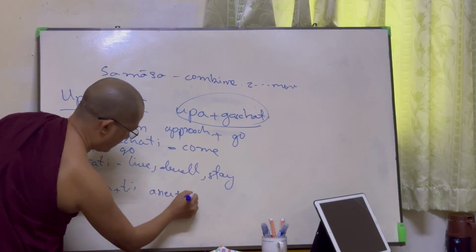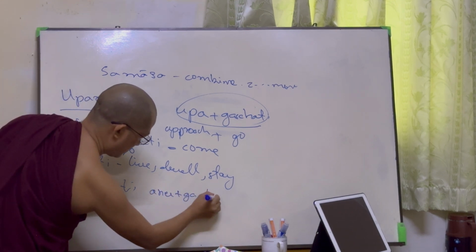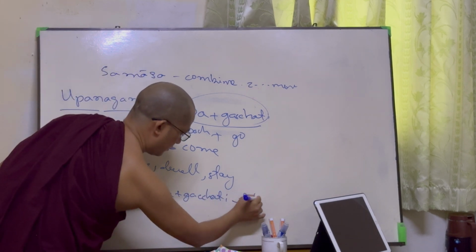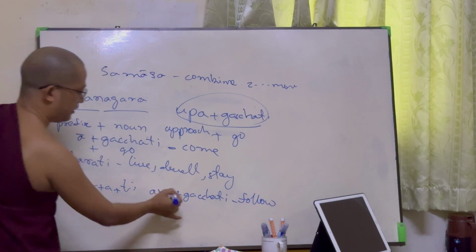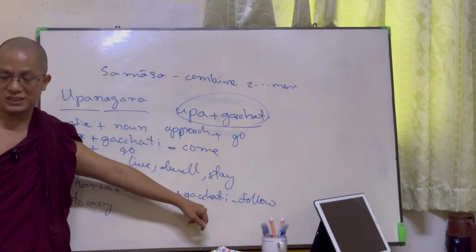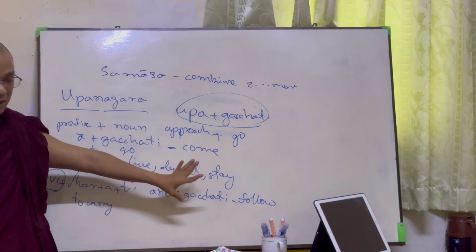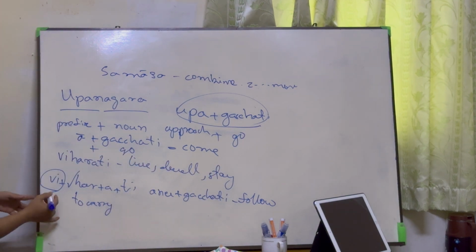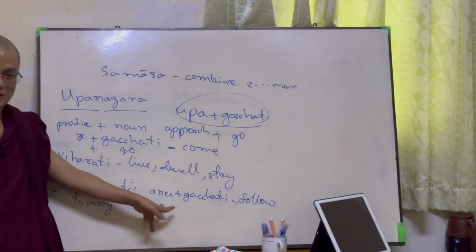Anu plus Gichiti. At that time, the meaning is follow. This Anu just follows the root meaning. It doesn't change any other meaning. Go and follow are the same meaning. Therefore, according to the prefix there are 3 types. In Pali it is Dhatuta Nuvataka.